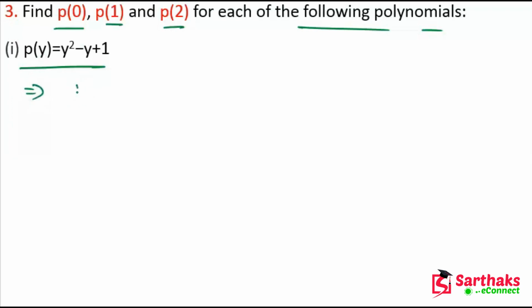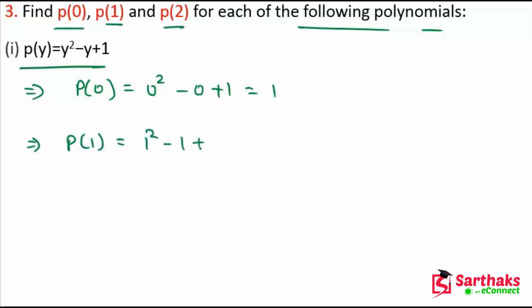So we get p of 0 is 0 square minus 0 plus 1, which is equals to 1. Now p of 1 is 1 square minus 1 plus 1. This one and this one will be cancelled, so we get 1.